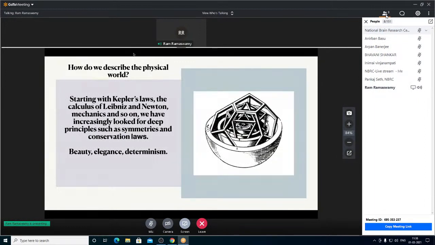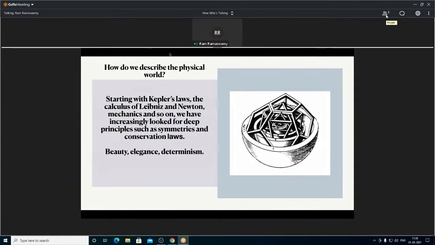But as C.R. Rao pointed out, we like to rely on simple laws. Laws that are beautiful, laws that are elegant, and laws that are certain. That is, they are not dependent on chance.